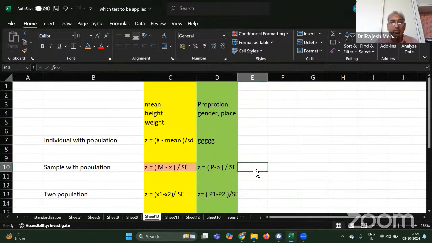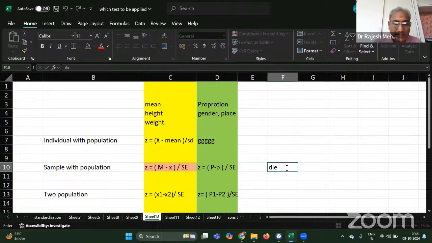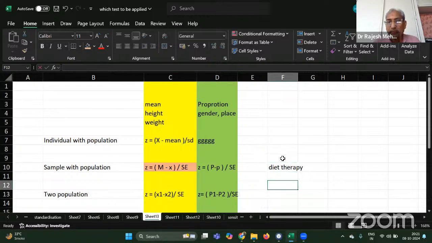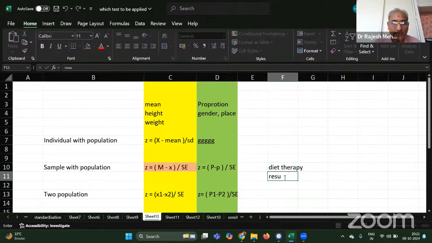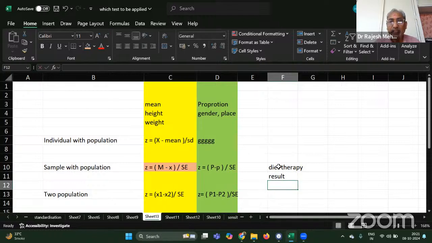Let us see this. Suppose I want to compare two therapies. One is the diet therapy, the other is physiotherapy. We want to compare, suppose, diet therapy, and the result we have, the result of diet therapy.